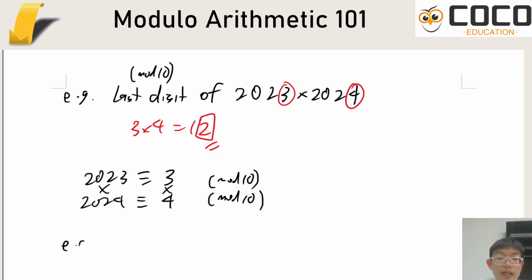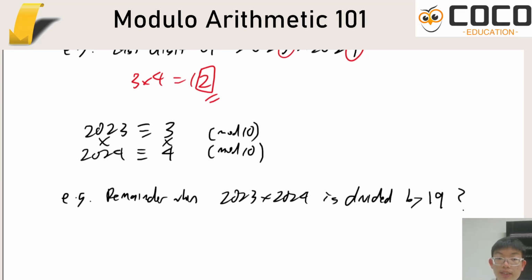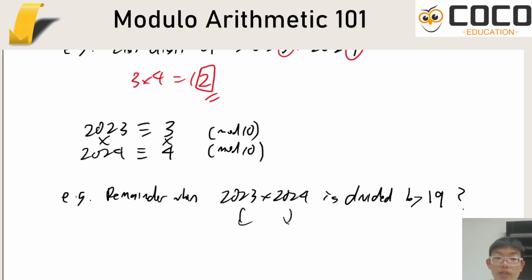So if now I ask, well, I know the last digit, what about the remainder when 2023 times 2024 is divided by, let's say, I don't know, let's go with 19. Well, I can bring these down to something smaller. First, I'll divide by 19.